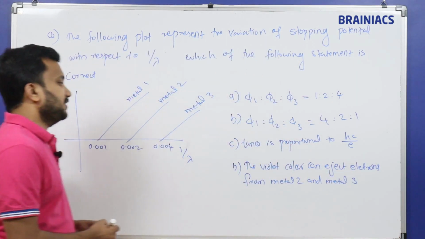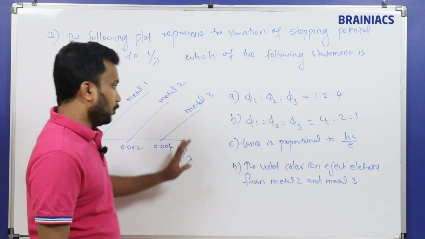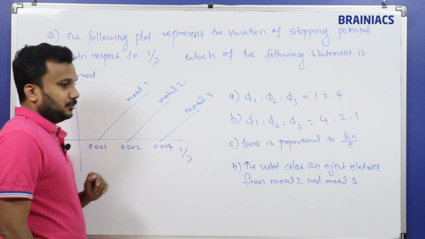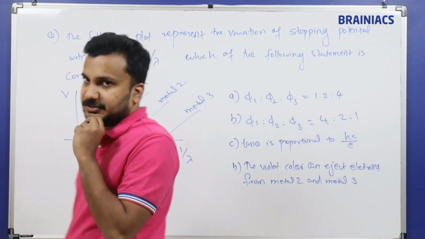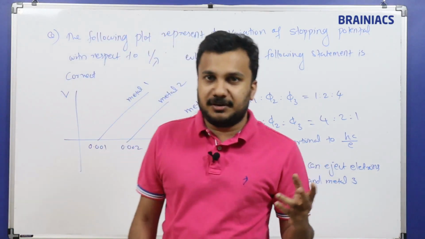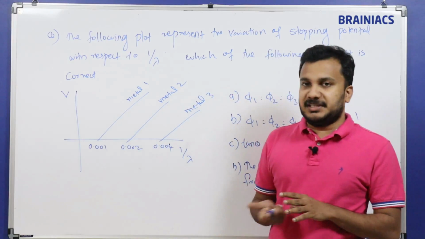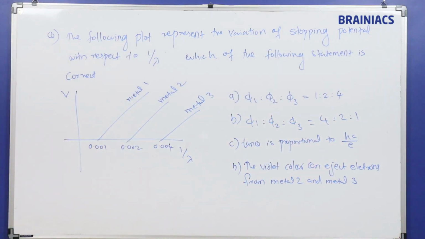What does this indicate? A violet color which can eject electrons from metals 2 and 3. So four options are given, and a graph is given. Initially it looks complex, but very simple concepts are involved. You need to know the theory we learned in the previous sessions, then only this question will be easy. We need to find out which of the following statements is true.